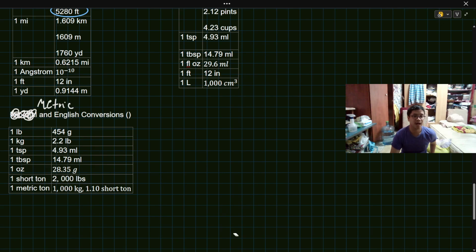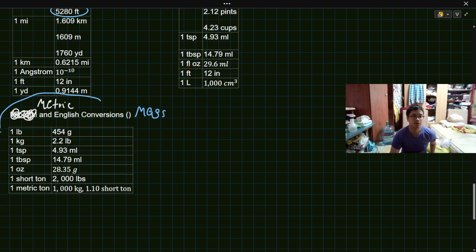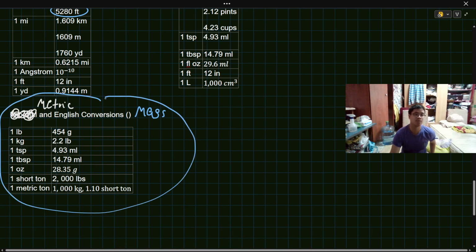And then here we have this one. I actually forgot to label this, but this table is used for mass. If we have this one for length, this one for volume, this one is for mass. Like 1 pound is equivalent to 454 grams. 1 kilogram is equivalent to 2.2 pounds. This one is actually commonly used if you're going to work out.